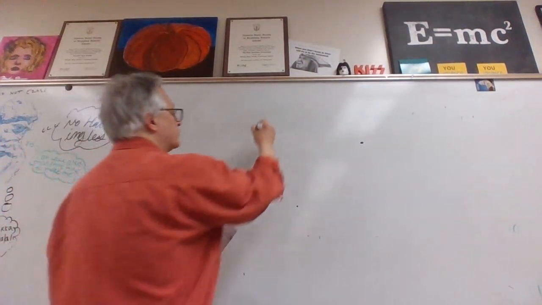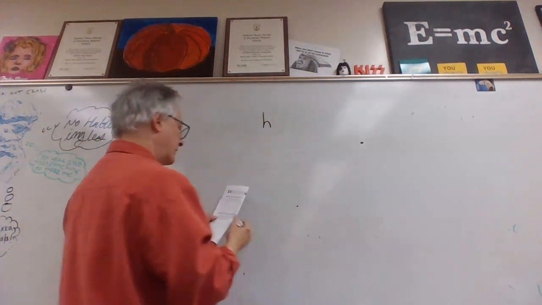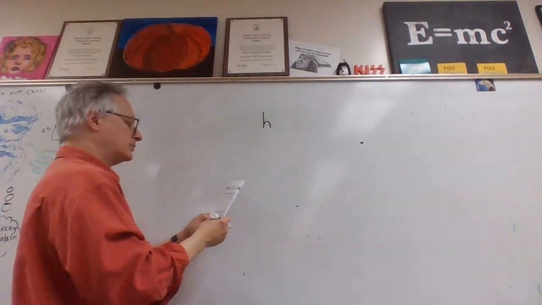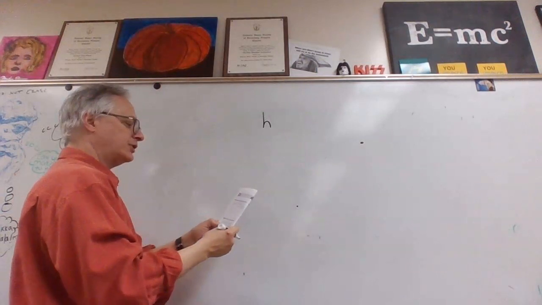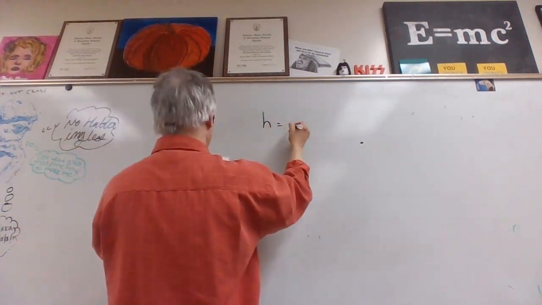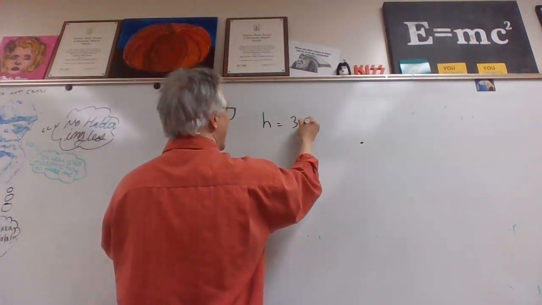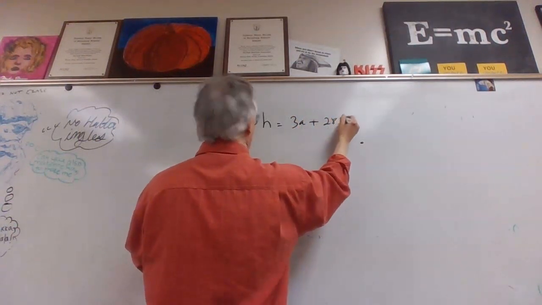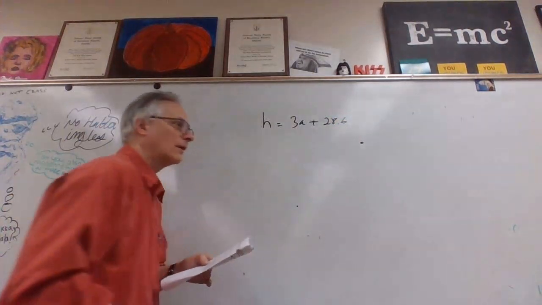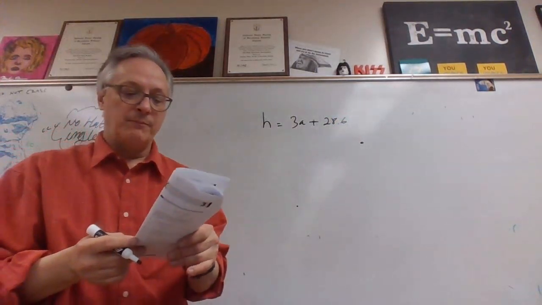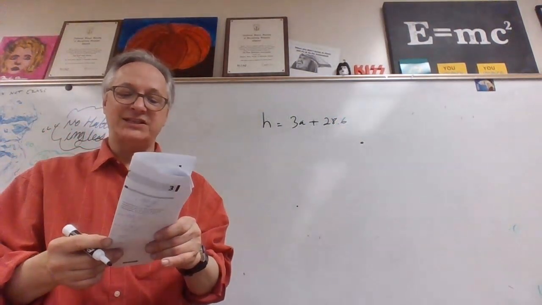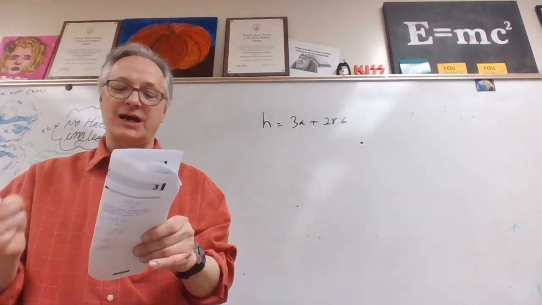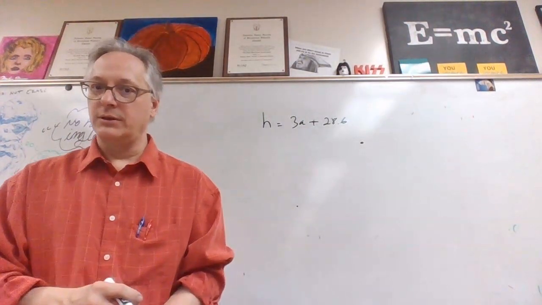Okay, here's our little function to represent the height of a boy in inches in terms of the boy's age in years between the ages of 2 and 5. So the height is equal to 3a plus 28.6. And it says here, based on the model, what is the estimated increase in inches of a boy's height each year?